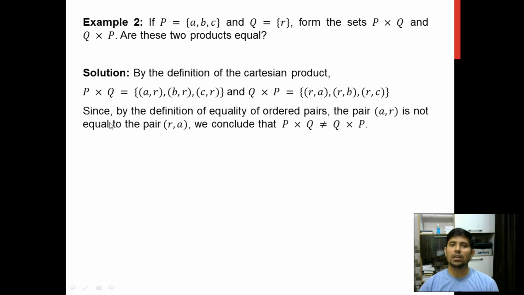So by the definition of equality of ordered pairs, the pair AR is not equal to the pair RA. So we conclude that P cross Q is not equal to Q cross P. But you can see here, P cross Q has 3 elements and Q cross P has 3 elements. It means we can say, however, the number of elements in each set will be the same.